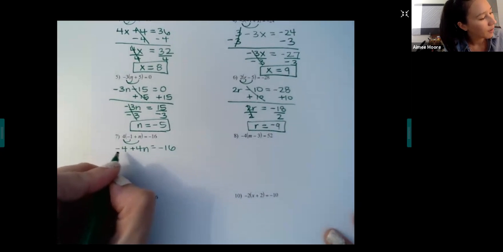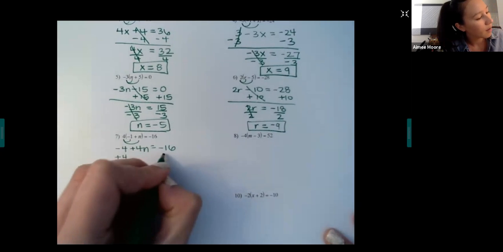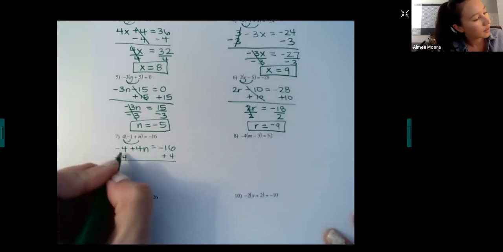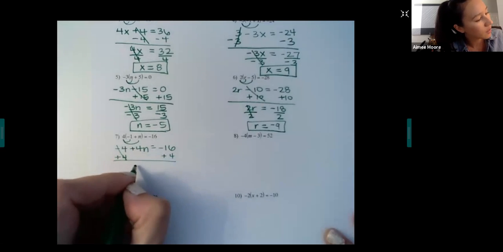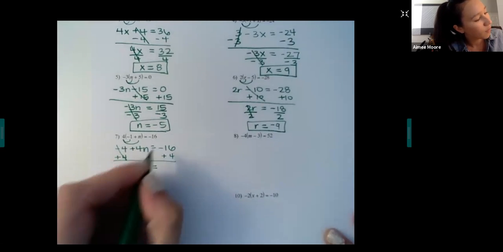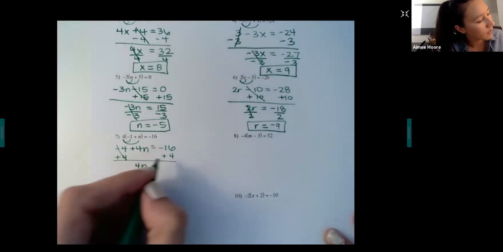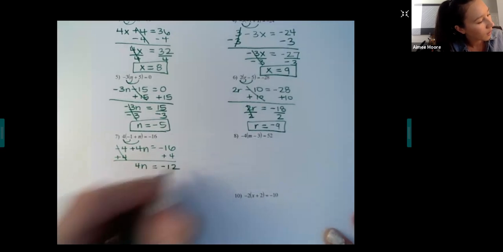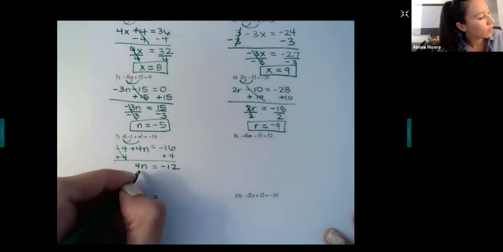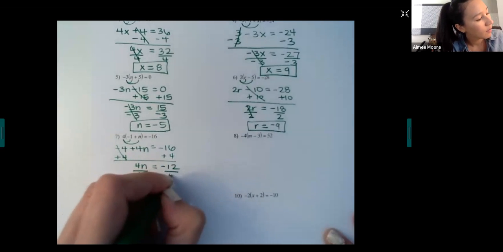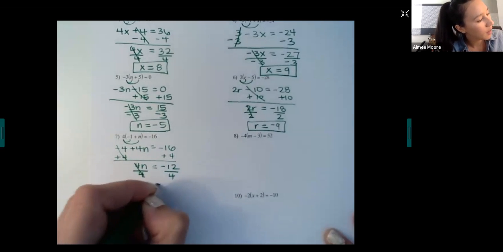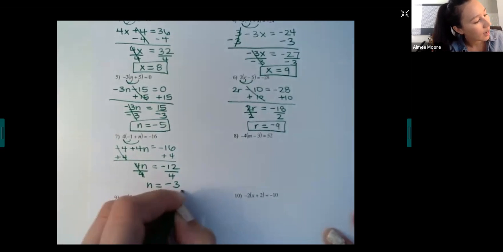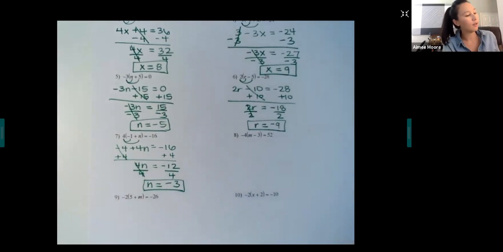We need to get rid of this negative 4, so we add 4 to both sides. Those cancel out. We bring down our 4n equals negative 16 plus 4, which is negative 12. Divide both sides by 4, and n equals negative 3.